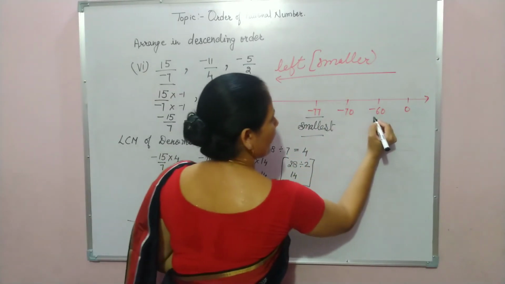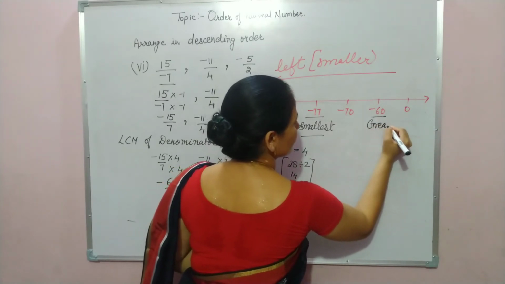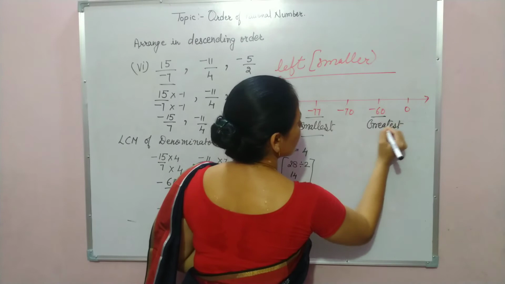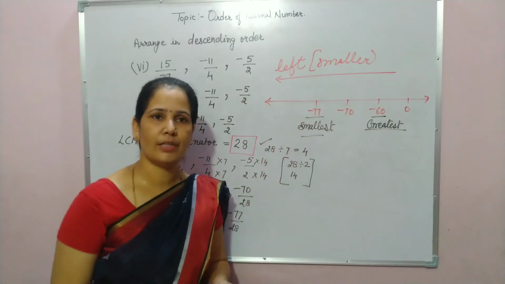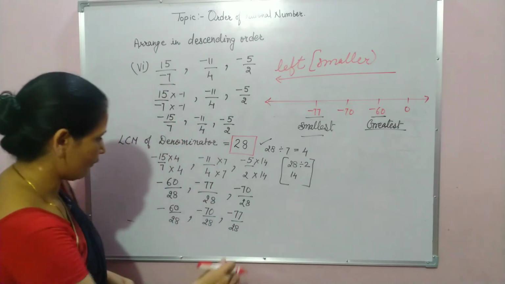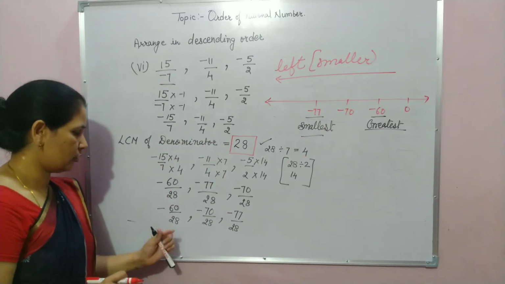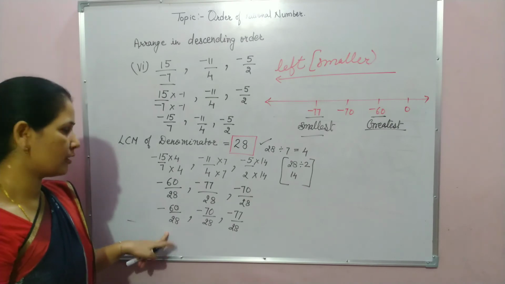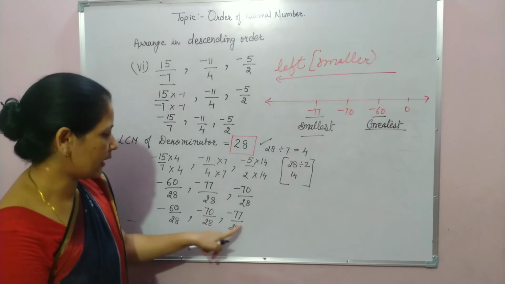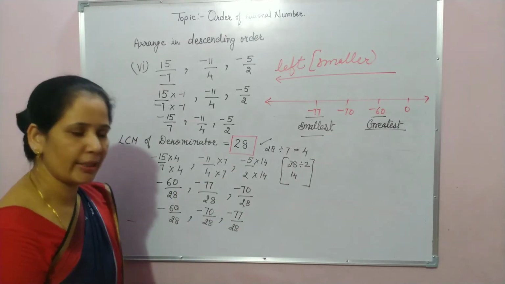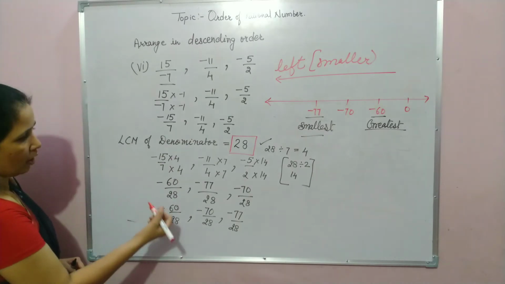So here -60 is the greatest number and -77 is the smallest number. So we have arranged these numbers according to their order: the greatest number is -60 by 28, then -70 by 28, and -77 by 28.